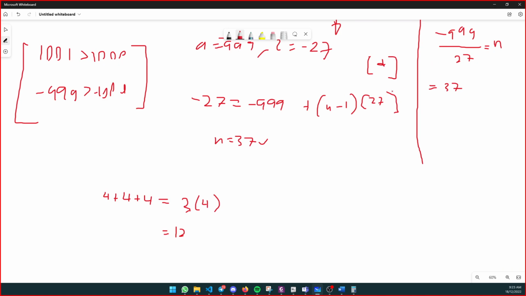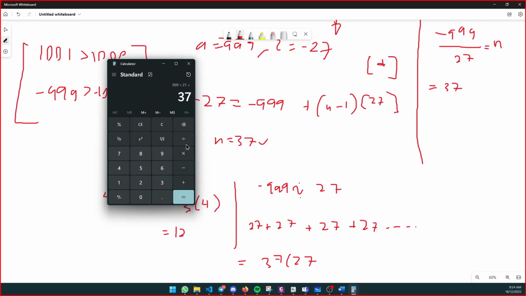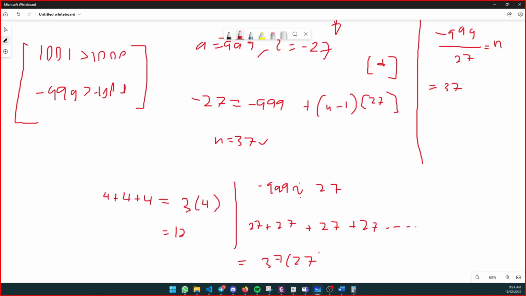So it's actually very simple logic here: when I say that negative 999 is divisible by 27, that means that there are so many 27s, 27 plus 27 plus 27 plus 27, so many of that until it all equals 37. 999 divided by 27, I think, right? Yeah. So I can also write this as 999.